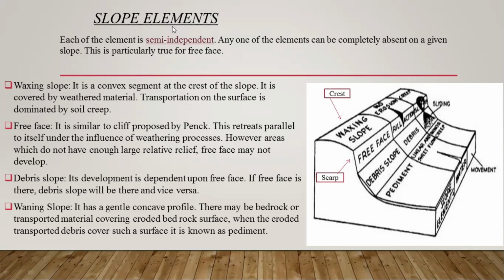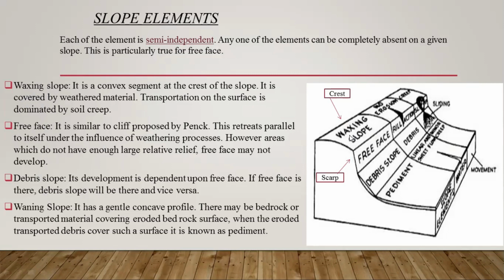Slope elements, he has differentiated into 4 types of slopes, as I have told you before that King used these 4 slope elements which were initially proposed by Wood. Now, what are the 4 slopes? That is the waxing slope, the free face, the debris slope, and the pediment or the waning slope.